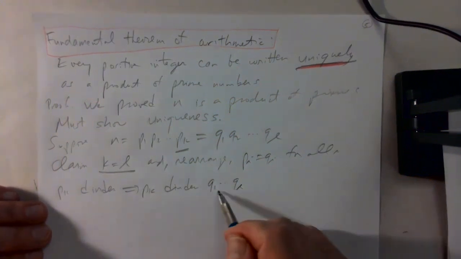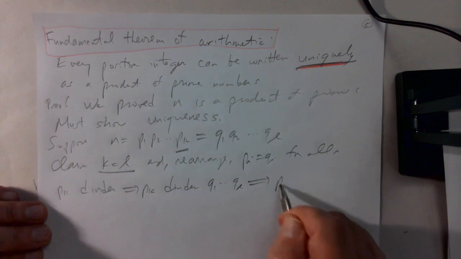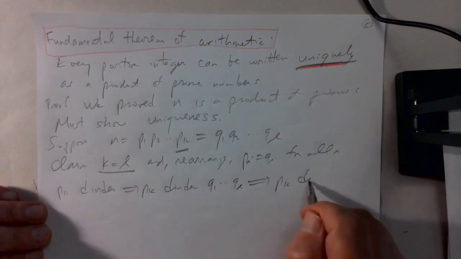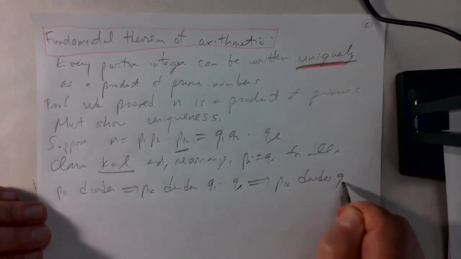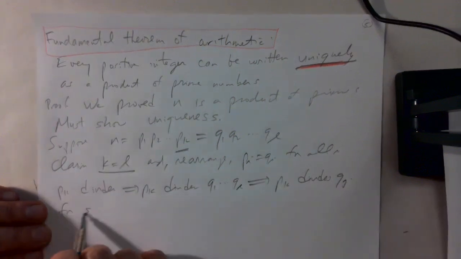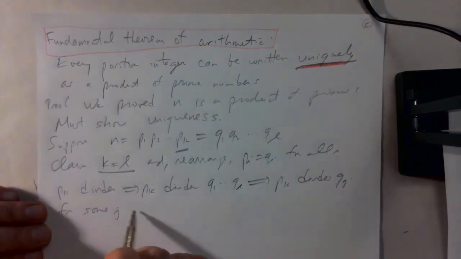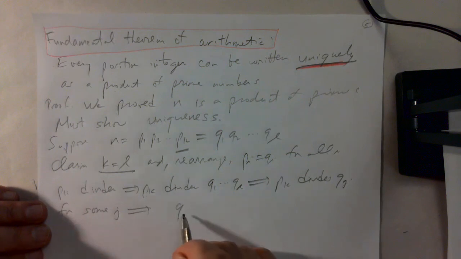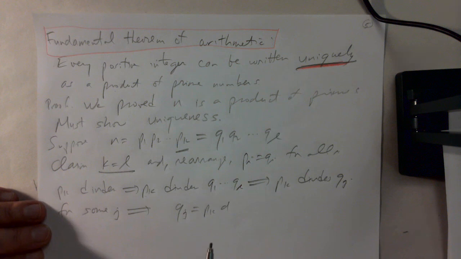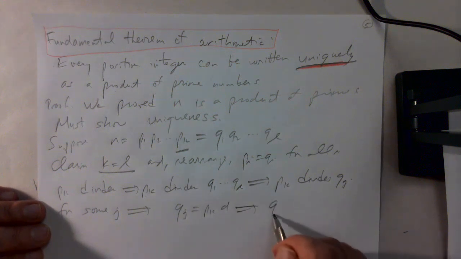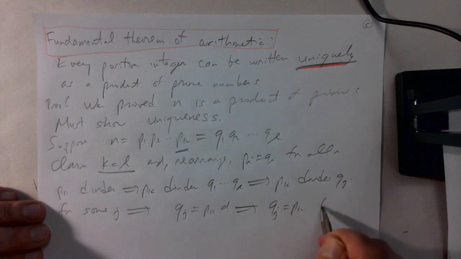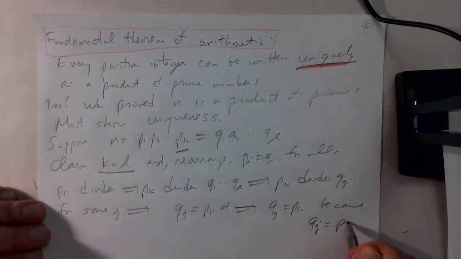But if a prime divides a product, pk divides qj for some j. So qj is equal to pk times some number d. But that implies that qj is actually equal to pk because qj is a prime.